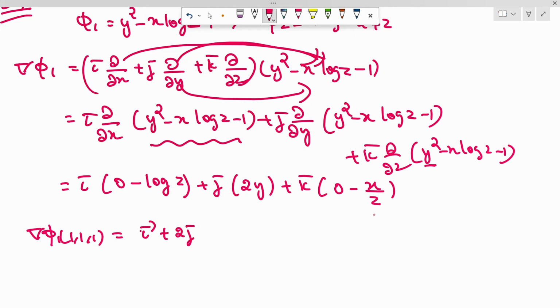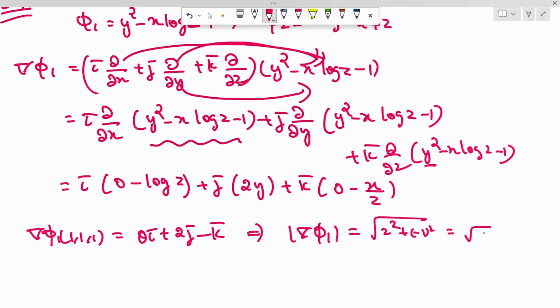X by z, where x and z values are 1, gives 1, so substituting 1 we get only minus k. So del phi 1 is 0 i vector plus 2j vector minus k vector. From this, calculate the modulus of del phi 1, equal to root of 2 square plus 1 square, which is root 5.